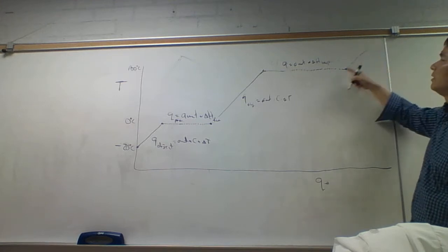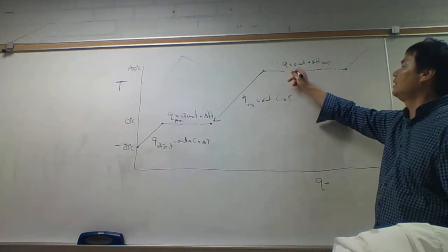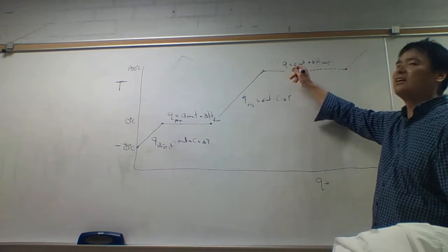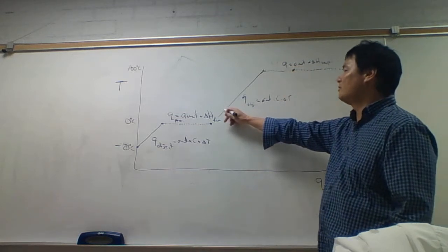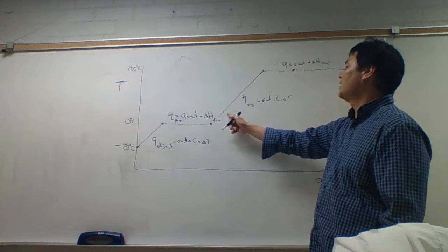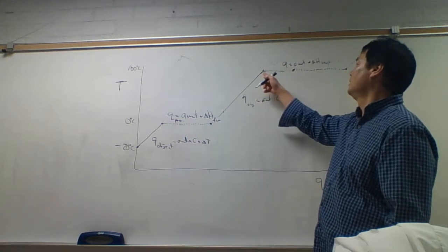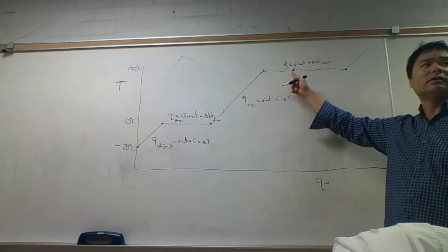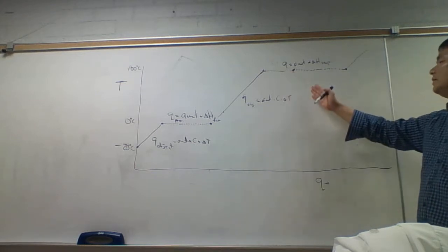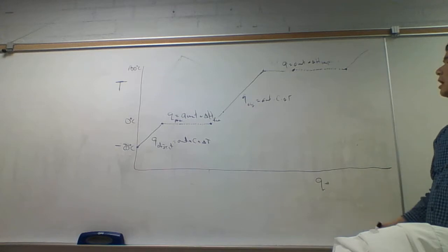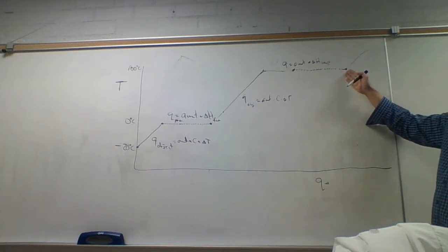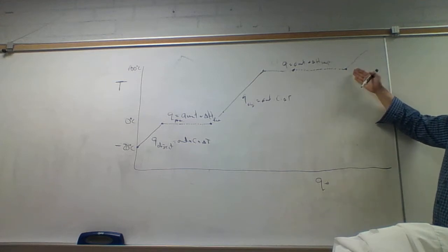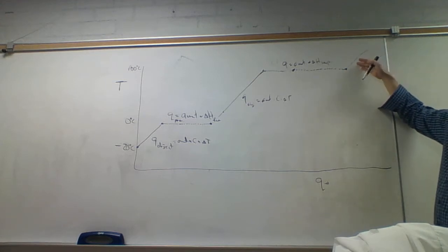We didn't go this far. In fact, we didn't even melt all the ice. We ended up here somewhere. We started off with water at 25 degrees C, and we added the heat to heat it up to 100, and then we added enough heat to melt some of it, not all of it. So we stopped here. But if the iron block provided more heat, then we could have melted all the ice, and if we still had additional heat, we would have done this.